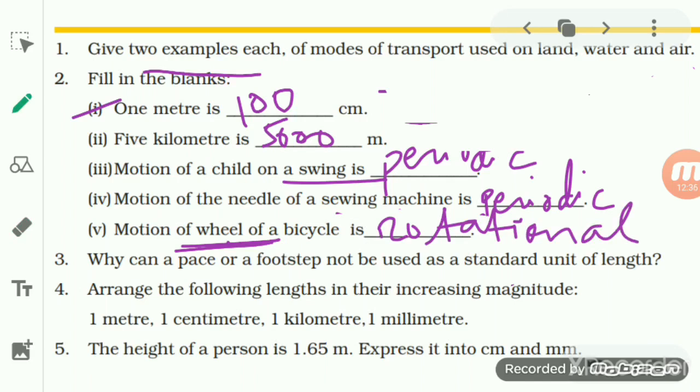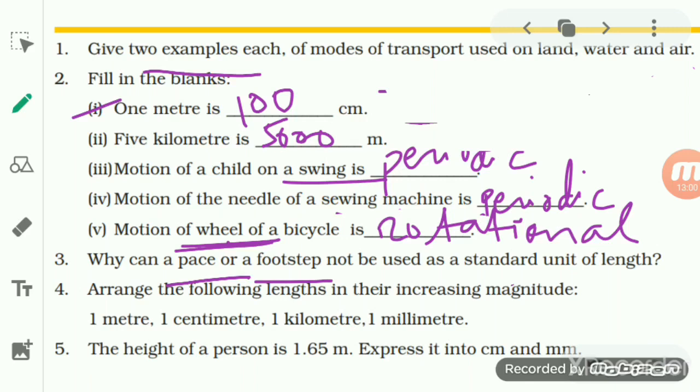Now the next one is: why can a pace or a footstep not be used as a standard unit of length? See here, students, in ancient times the footstep or the pace was used for measuring an object, but now we don't use it.